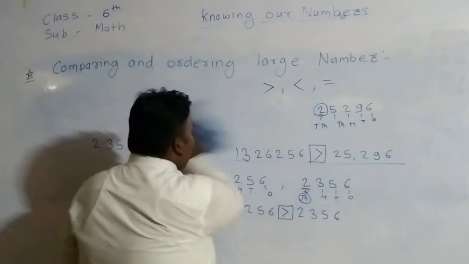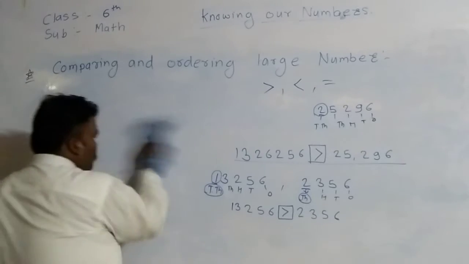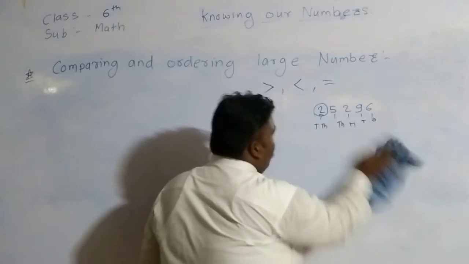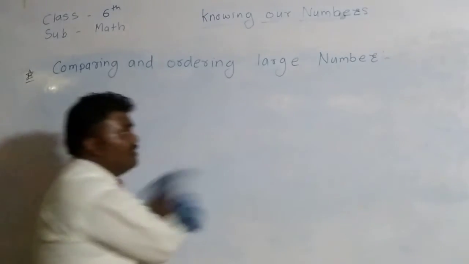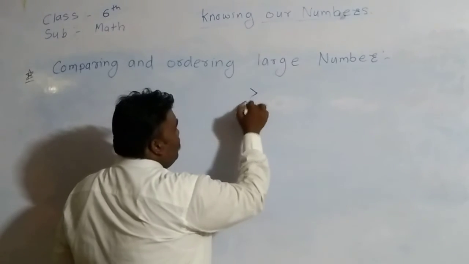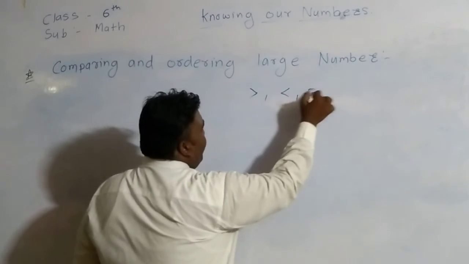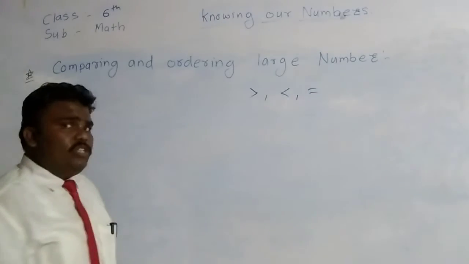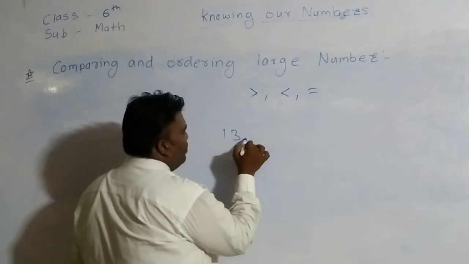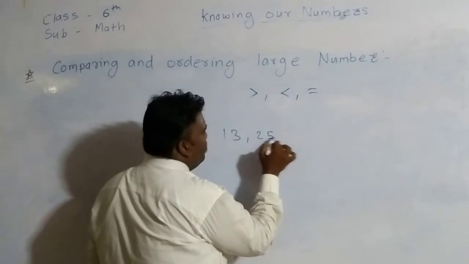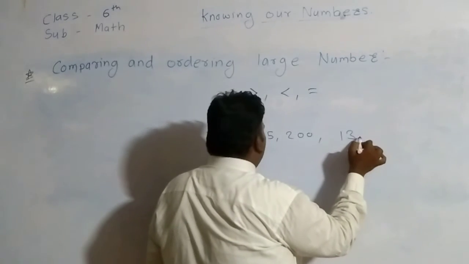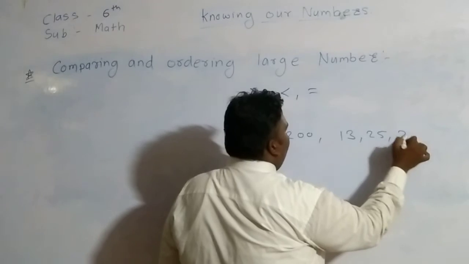So let's talk about some more examples. I am talking about comparison. How many symbols are there? Greater than, less than and equal to. These three symbols we use to compare numbers. Suppose we have 13,25,200 and the next number is also 13,25,200.